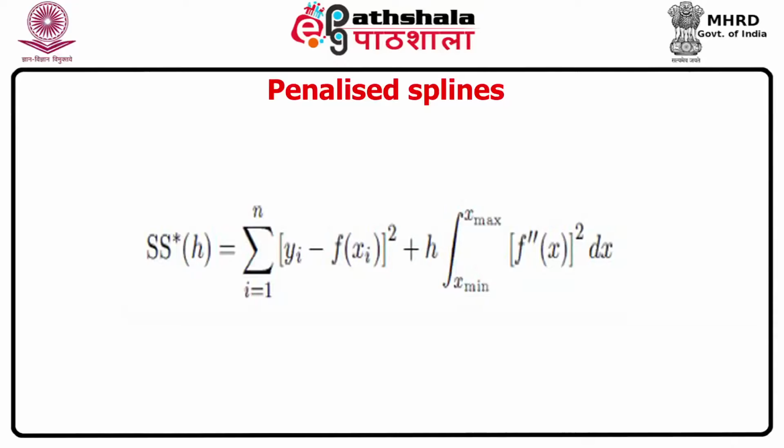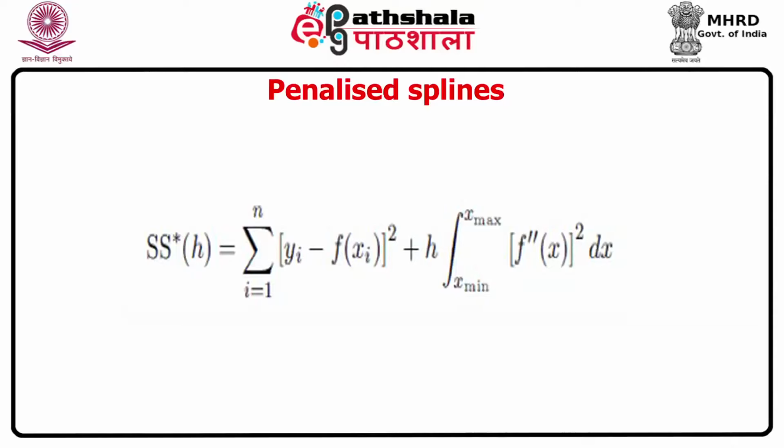The first term is the usual residual sum of squares, but I have also added a second term, which is a multiplier h times an integral of f double dash x, whole squared, integrated over the range of x. This second term is called a roughness penalty.